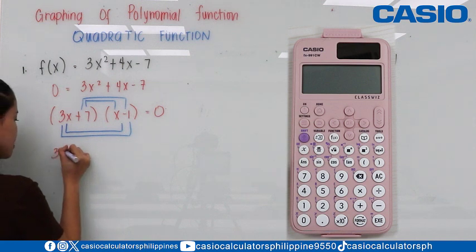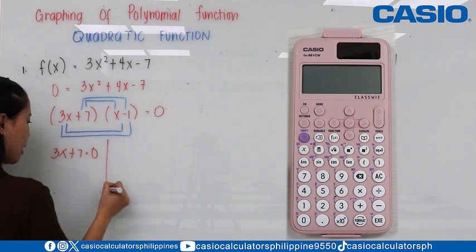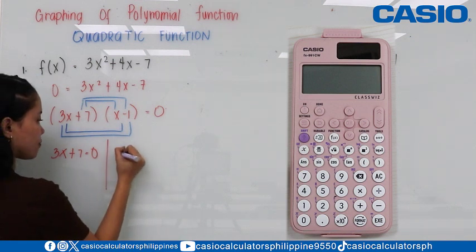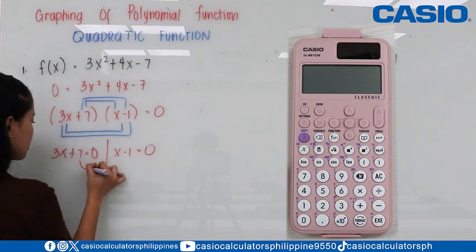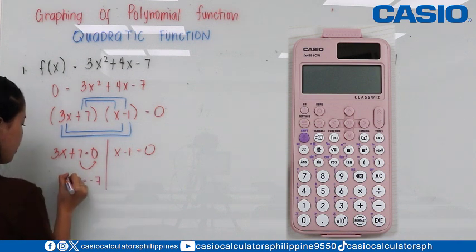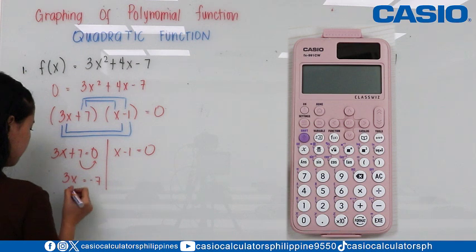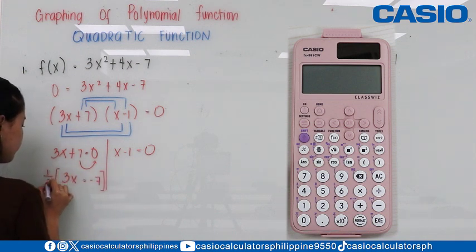So we have the first term, 3x plus 7 is equal to 0, while on the other hand, we have x minus 1 is equal to 0. So if we transpose positive 7 to the right side, it will be negative 7. So we have 3x here. Then divide both sides by 3.